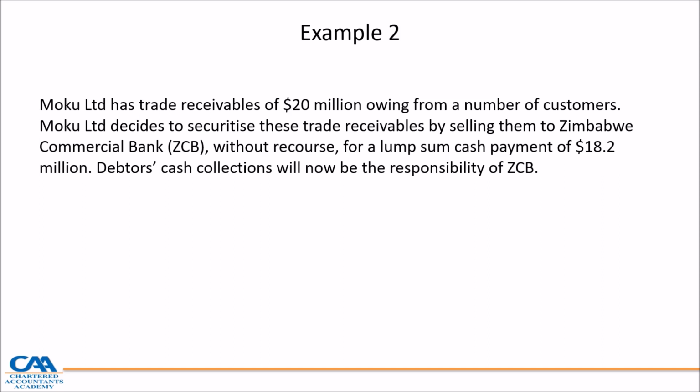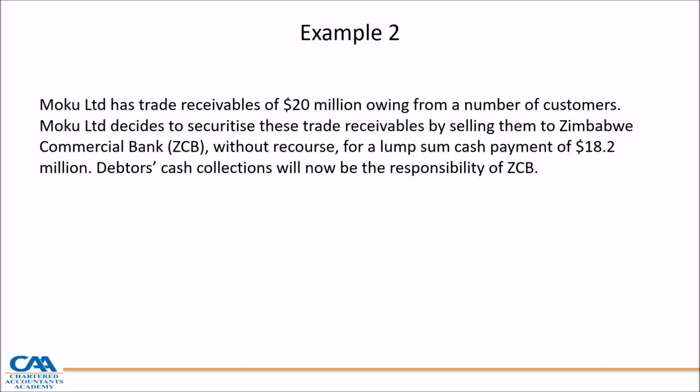You also then need to look at the case where they were securitized with recourse, which means that should any amounts not be collected by ZCB, they would go back to Moku and request them to pay that amount, right?